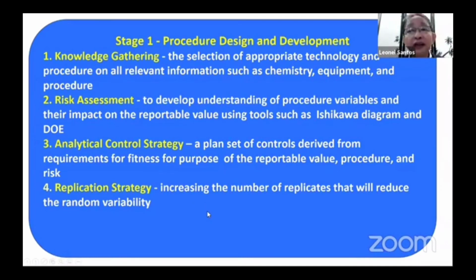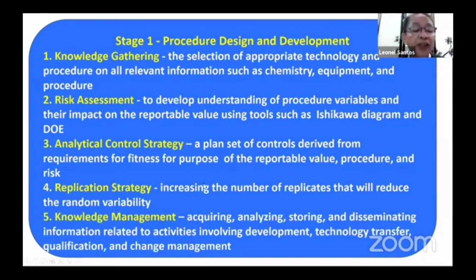Again, this is trying to cover the statistical analysis of the samples. The last element in stage 1 would be the knowledge management. This would include acquiring, analyzing, storing, and disseminating information related to the activities involving the development, technology transfer, qualification, and change management. So this is something important also.